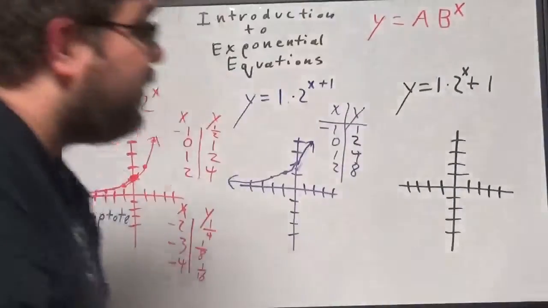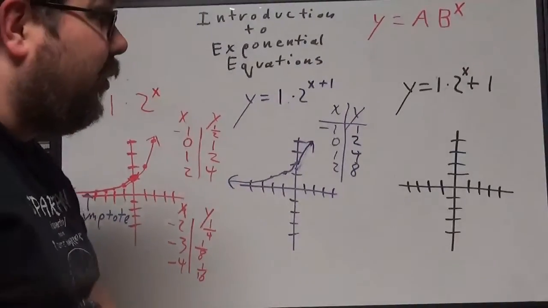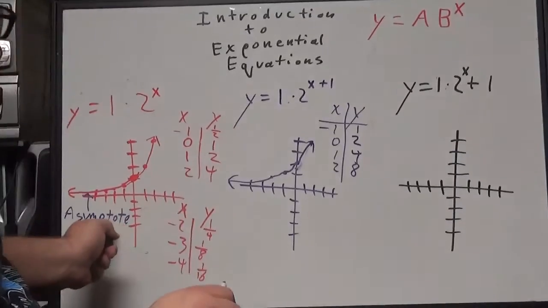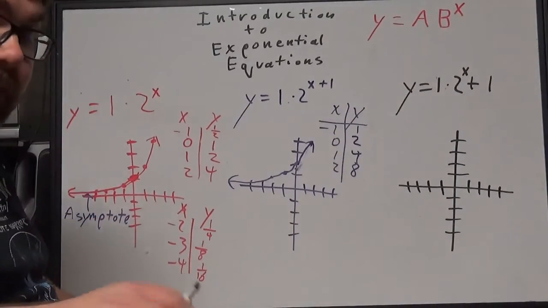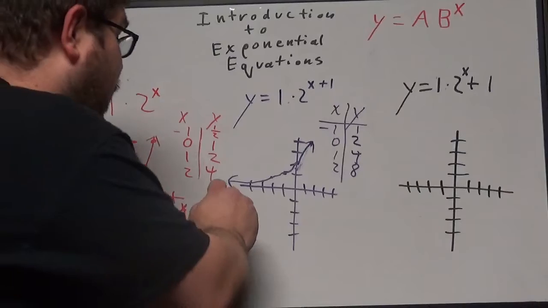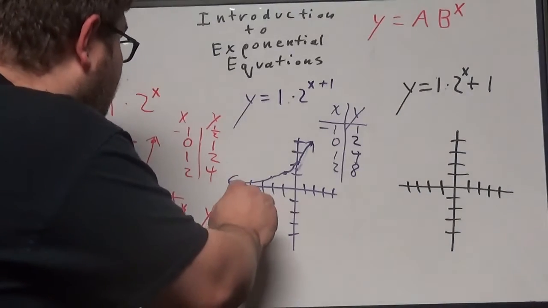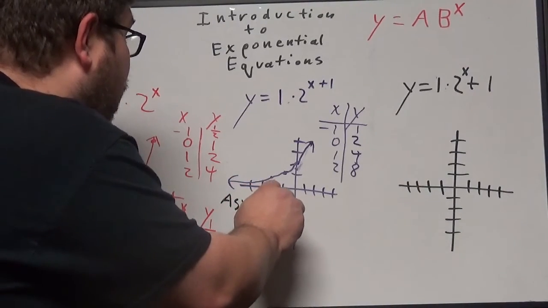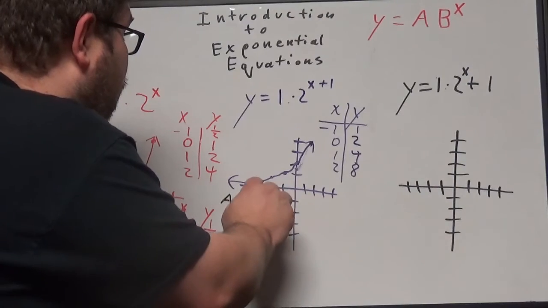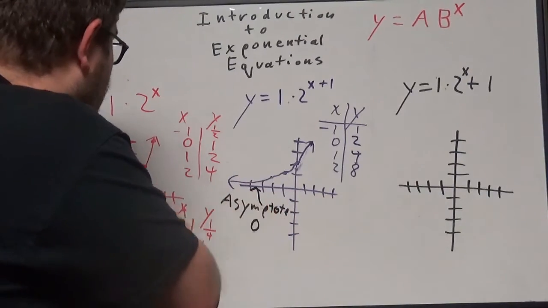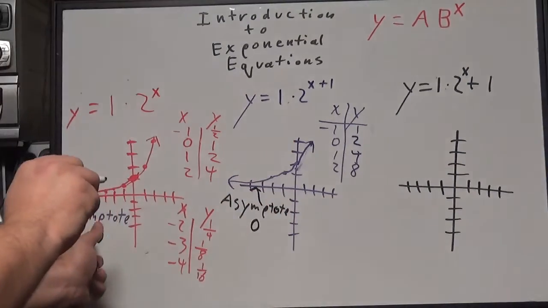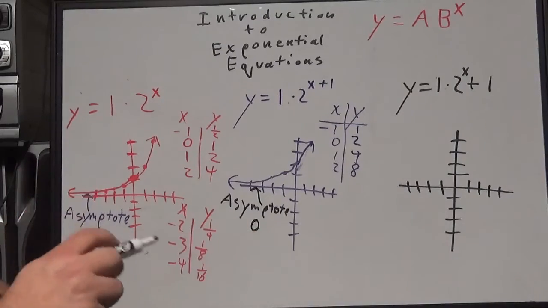So let's see a translation up and down. Hopefully you remember what I just said about the asymptote. We had an asymptote here of 0. Our asymptotes so far have been 0.